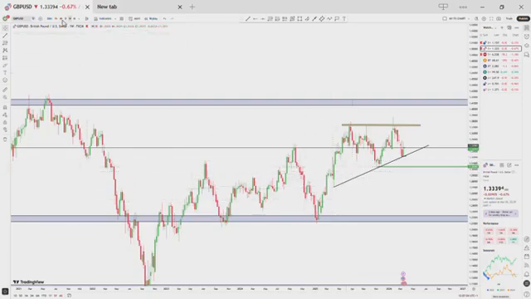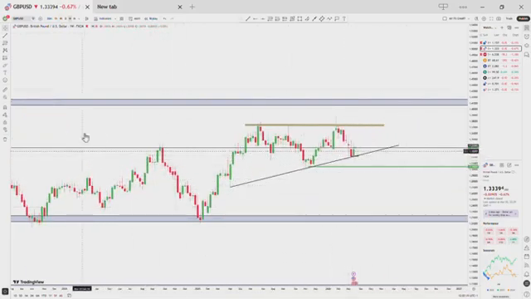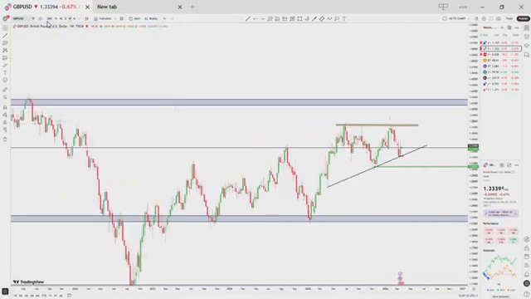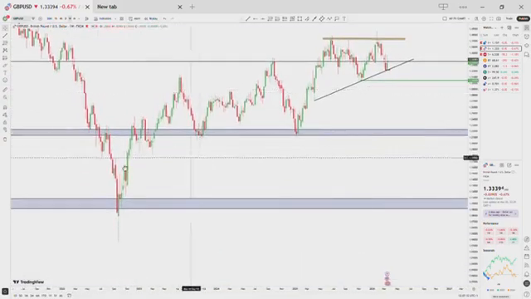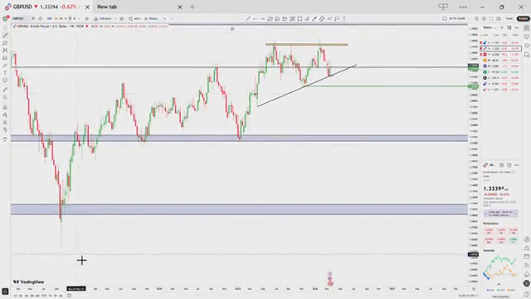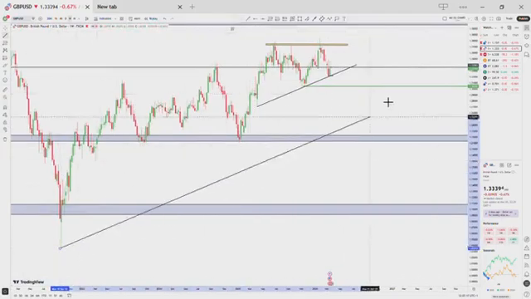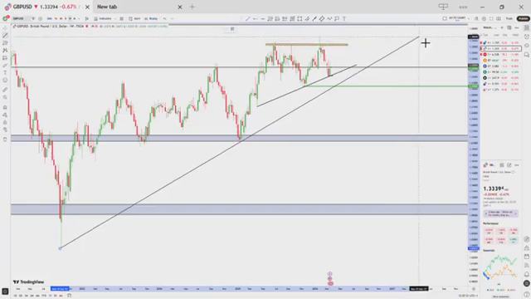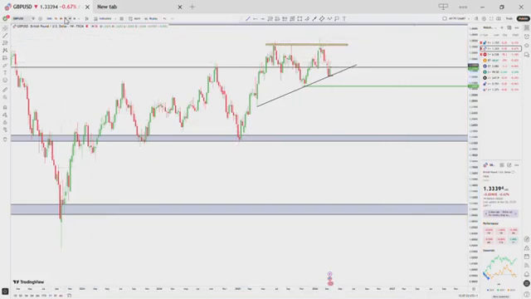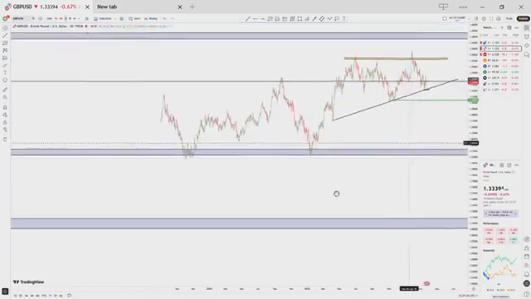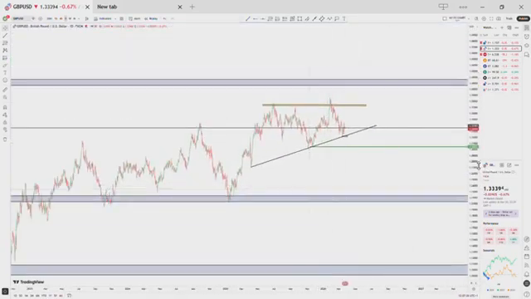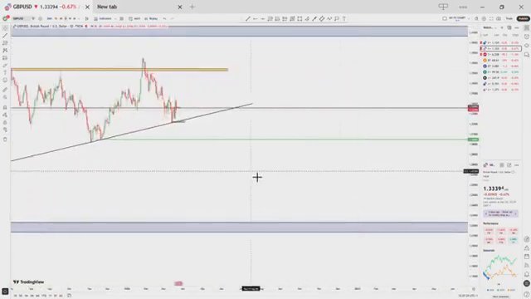Alright. Now, if we go to our daily time frame, we are seeing bullish momentum right about here in our GBP USD trade. Generally, we are very much bullish on GBP USD. So if we go to our daily time frame on GBP USD, what am I looking at? Very simple.